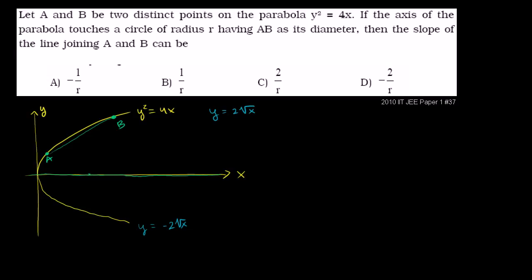Obviously, this will not be an exact drawing, but let me try my best to draw the circle in question. The circle would look like that. That's my best shot at it.